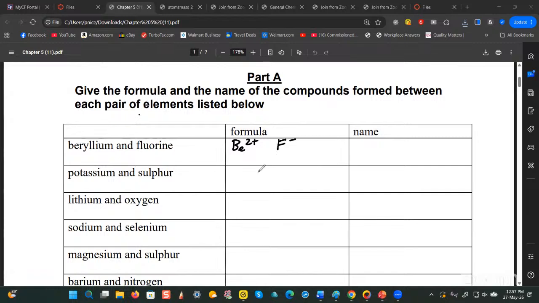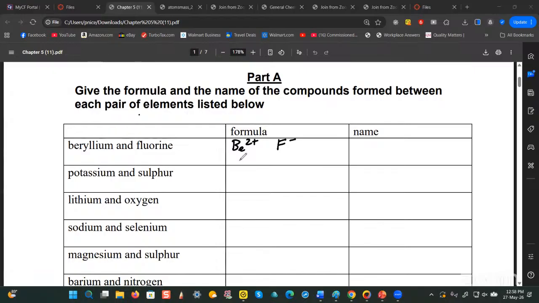Wait, it says fluorine? Yes, the element is fluorine, but the name of the corresponding ion would be fluoride, remember? You start off with the stem of the name of the element and then it ends with -ide.